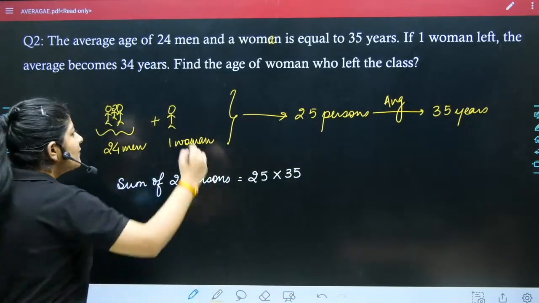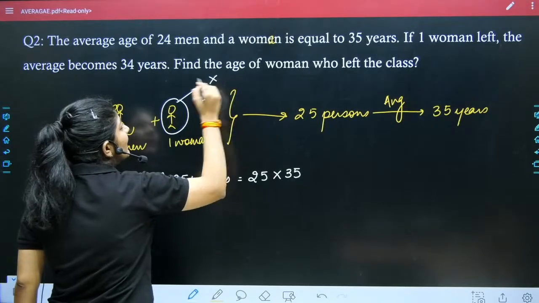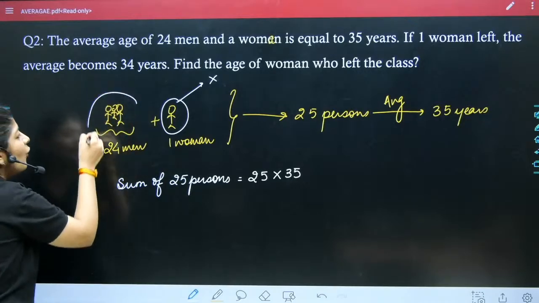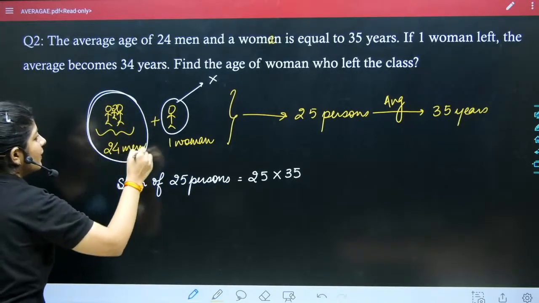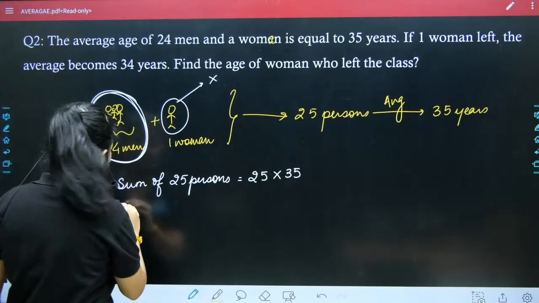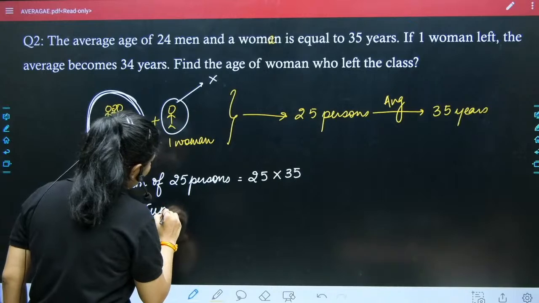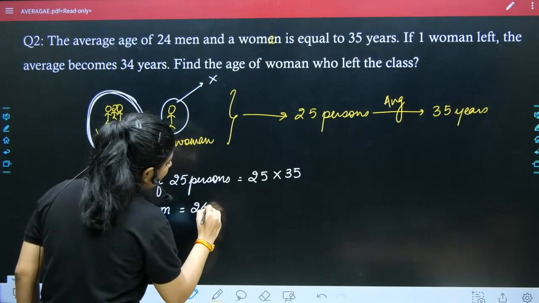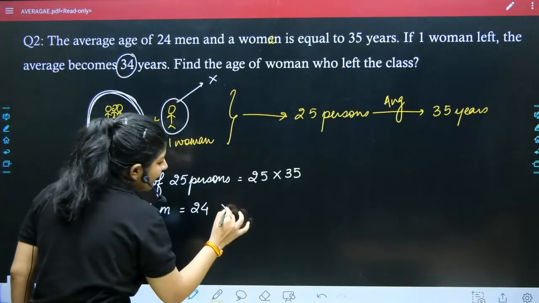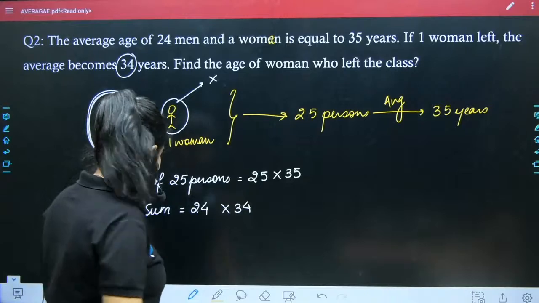But when this woman left the class, I am having just 24 men in my class. So what I have to do? My new sum will be equal to 24, and the average is also decreased by 1, that means I have to multiply this by 34.